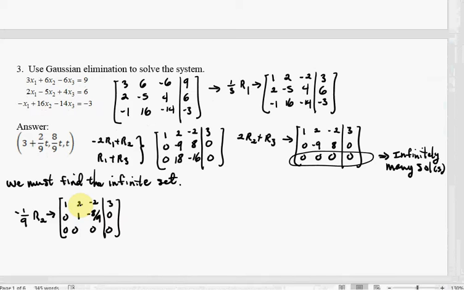When you come to column 3, there is no leading 1 here at A33, and you can't get a leading 1 there. Thus, you cannot simplify the values above it. So once we deal with this leading 1 at A22 and get a 0 below it and above it, then after that, you're done. Okay.